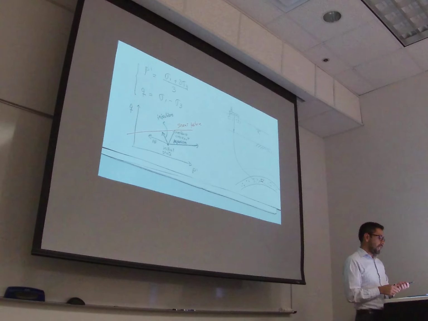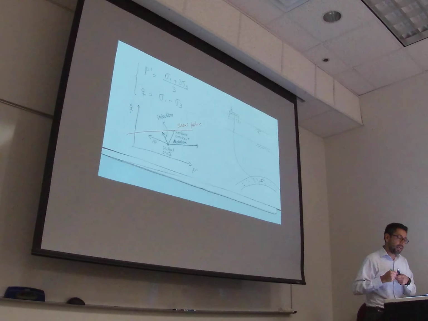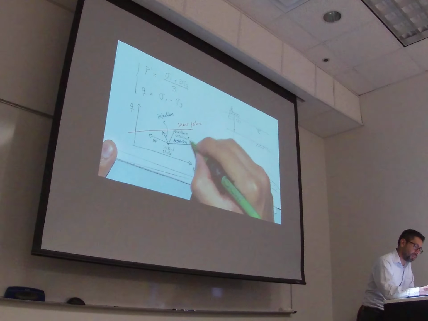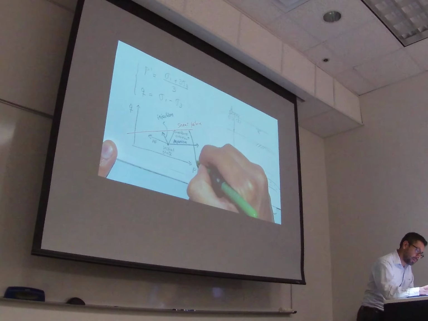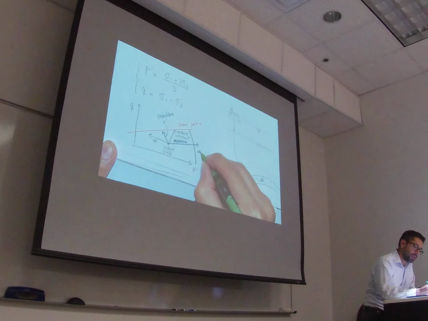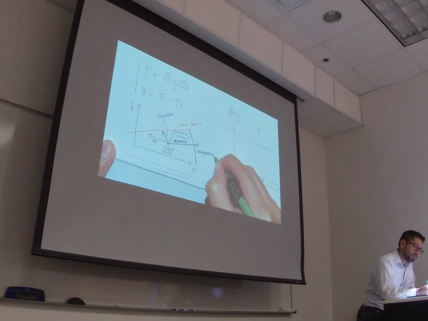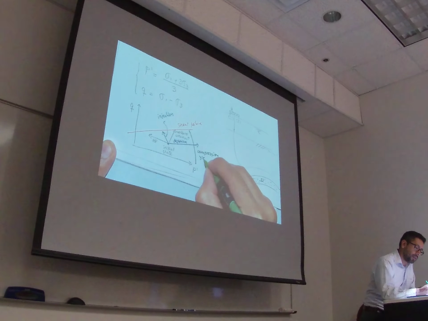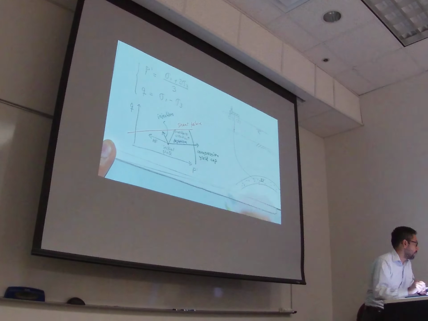And we're going to see later on that these plots are very useful, because here we can also add one more variable to the problem, which is something called a compression yield cap.